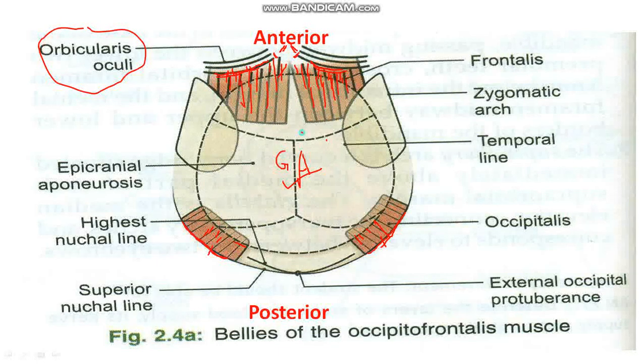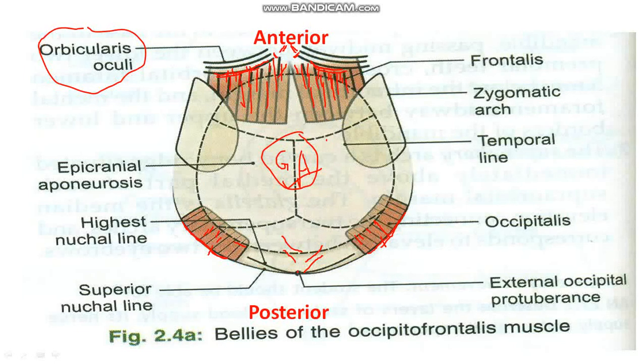This sheet extends between these two occipital bellies. Here you can see it extending even behind these two occipitalis muscles, up to the external occipital protuberance.